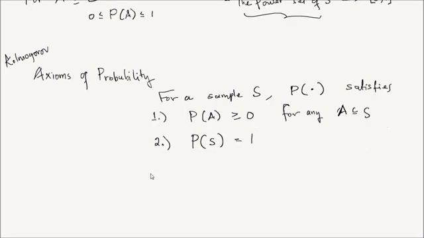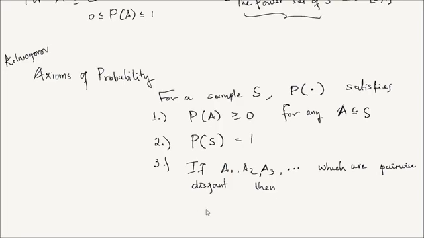Number 3, if we have events A1, A2, A3, and so on, which are pairwise disjoint, then the probability of the union of those pairwise disjoint sets, i equals 1 to infinity of Ai, is equal to the sum, i equals 1 to infinity of probability of Ai.